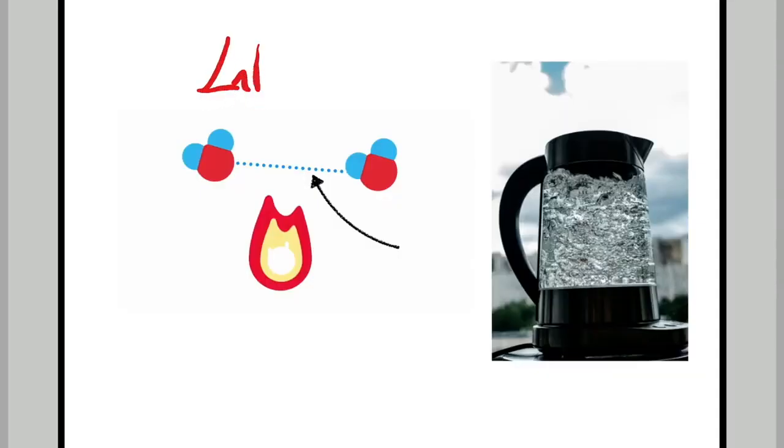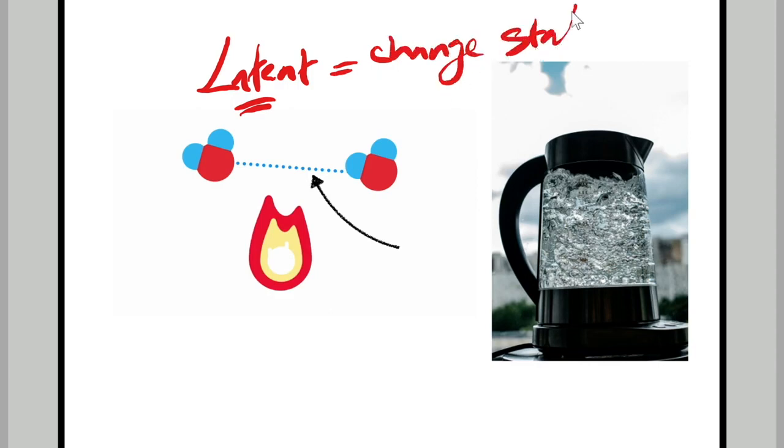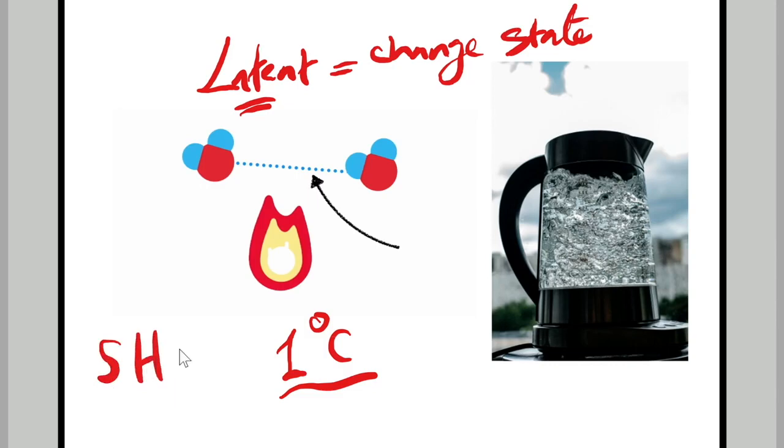Latent heat is the heat required to change state. Specific heat capacity is the heat needed to raise the temperature of water by 1 degree Celsius.